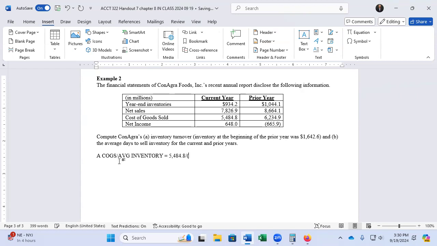And we're going to divide that by the average inventory, so 934.2 plus 1,044.8 divided by 2. And so that's 5.5 times.